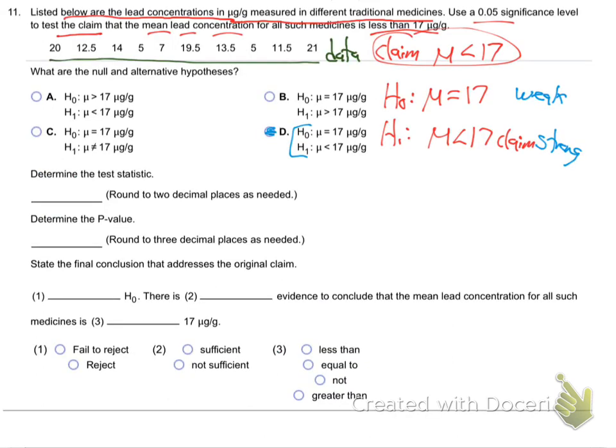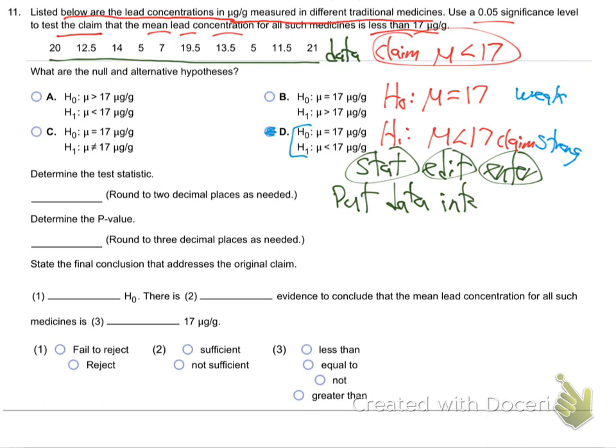So the first thing you do here is hit the stat button on your calculator, and then on edit, you hit enter, and you put the data into L1. Remember how you do that? You first have to clear whatever else you have in L1.